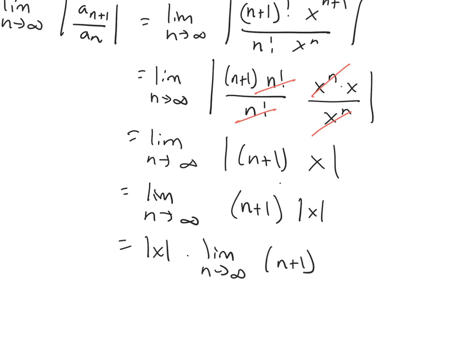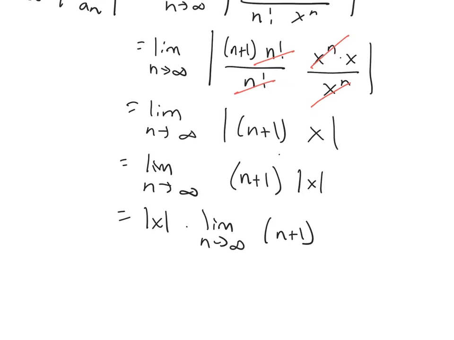And now we need to calculate this limit. It's infinity. And so it doesn't matter what this constant is, the absolute value of x, as long as x is not 0, this is infinity, provided x is not 0.